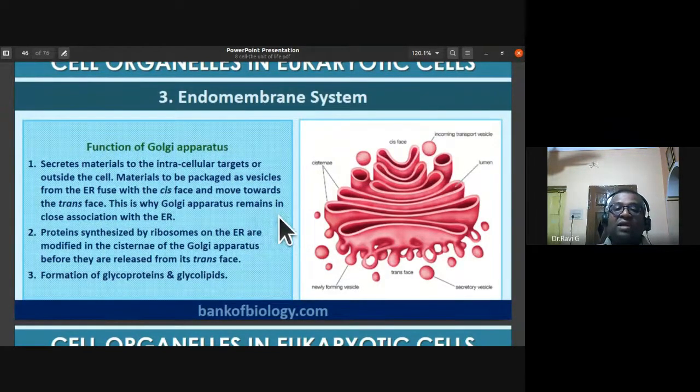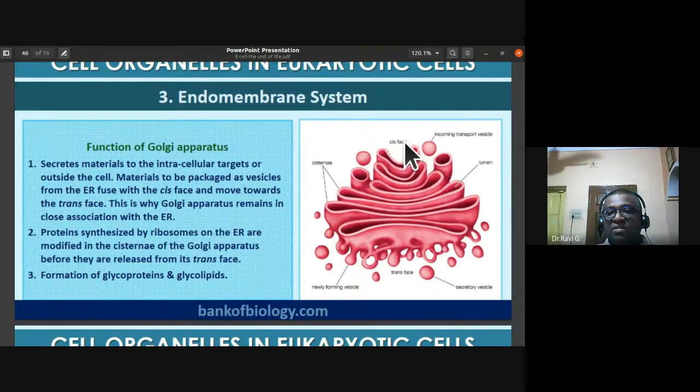This is why the Golgi apparatus remains in close association with the ER.